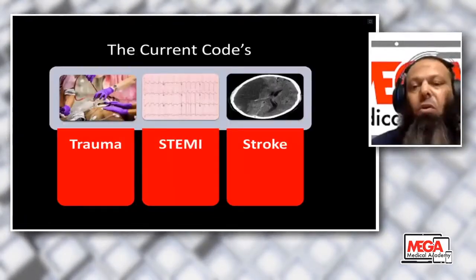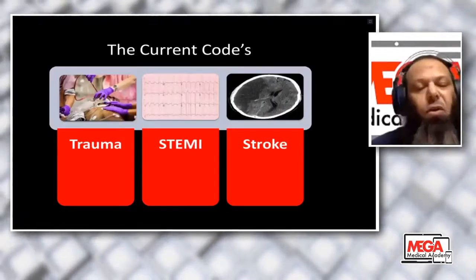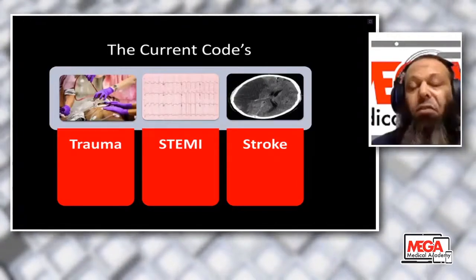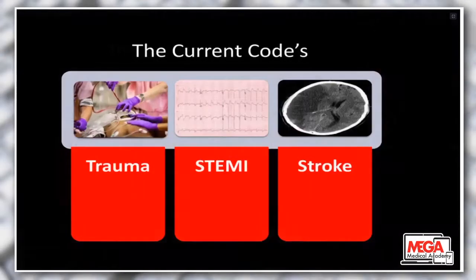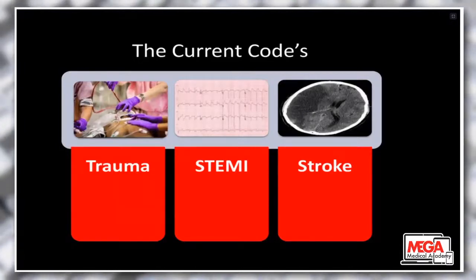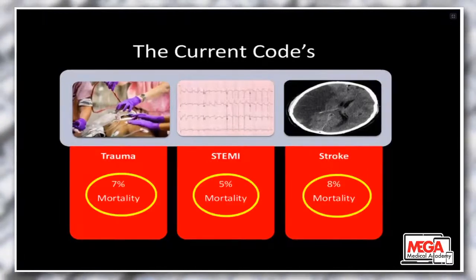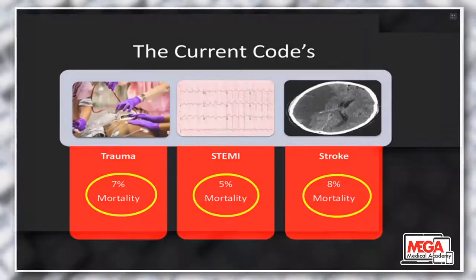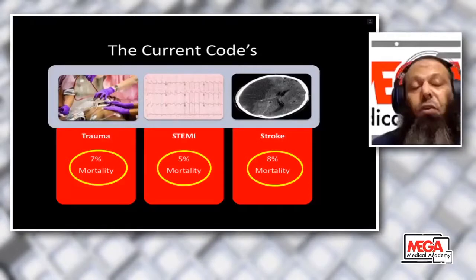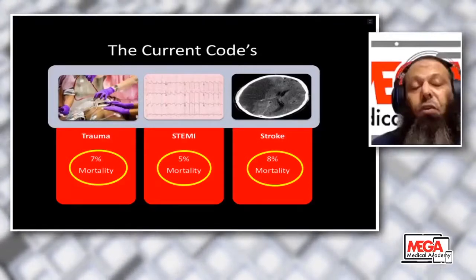Of course, all of us working in trauma, CCU, or neurocritical care have codes for the hospital: trauma, STEMI, stroke. The overall mortality from trauma is about 7%. For STEMI, it is about 5%.